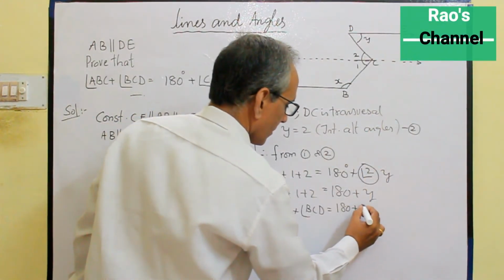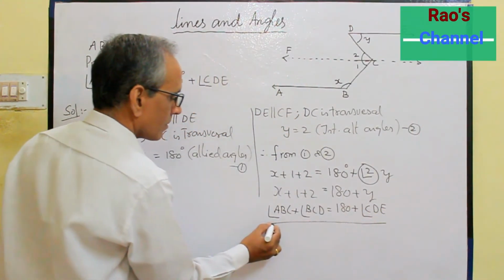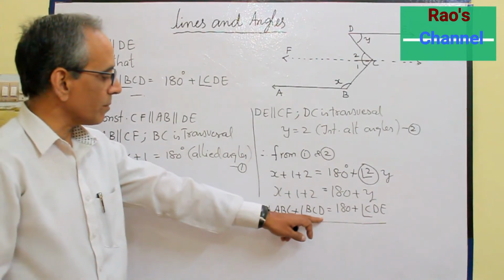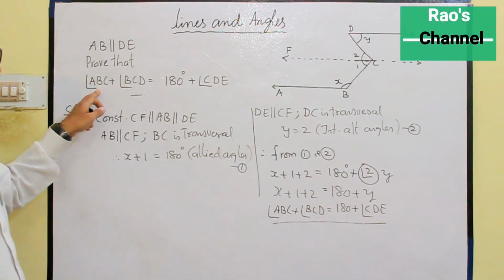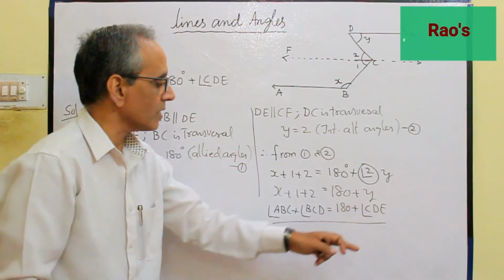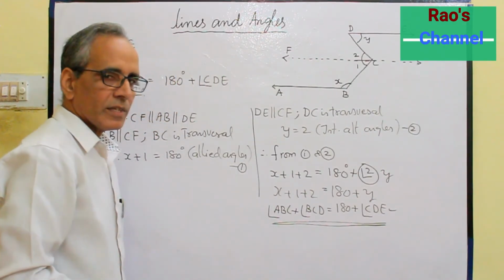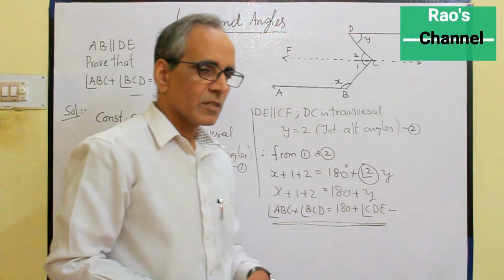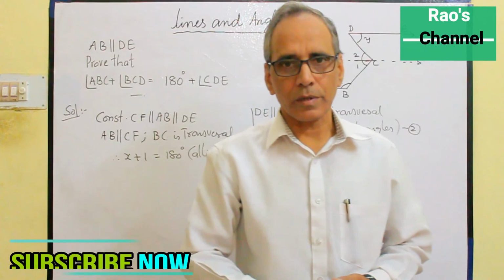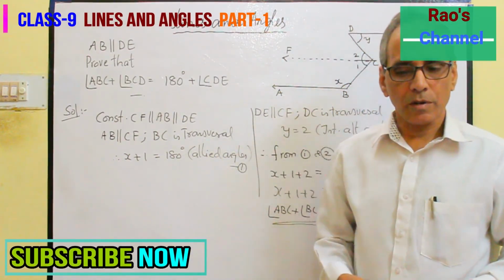Angle CDE. See the question? Angle ABC plus angle BCD is equal to 180 plus angle CDE. We proved it. It may seem confusing at the beginning, but if you practice this question again and again, it is very easy. We will solve many important questions in the next videos. Please keep on watching. Thank you.